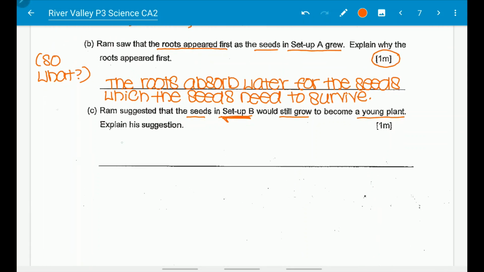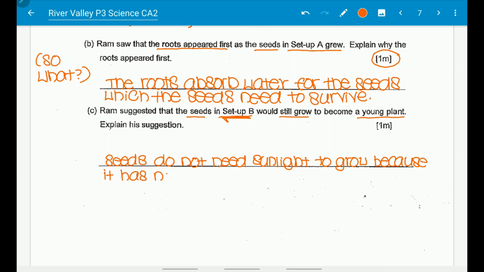So seeds do not need sunlight to grow. Why? Because it has no leaves. This still doesn't explain how they get their food, right?